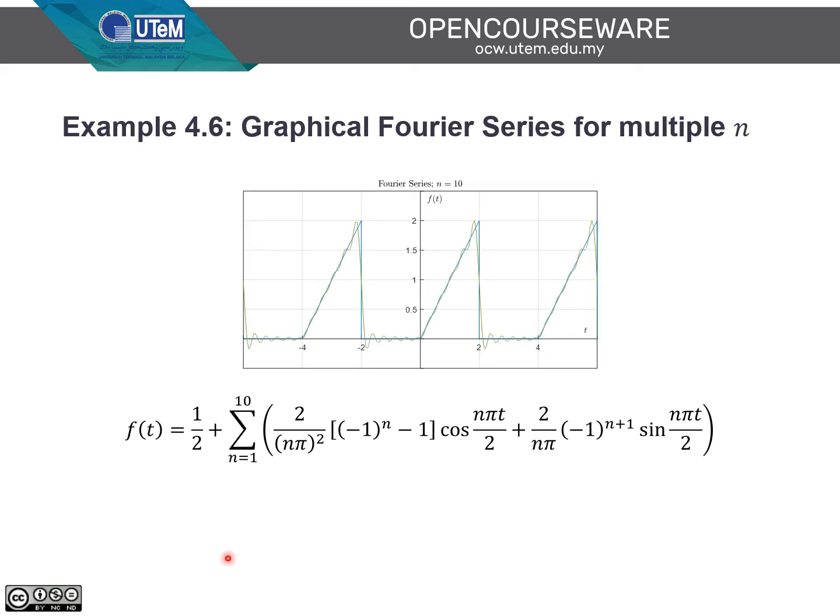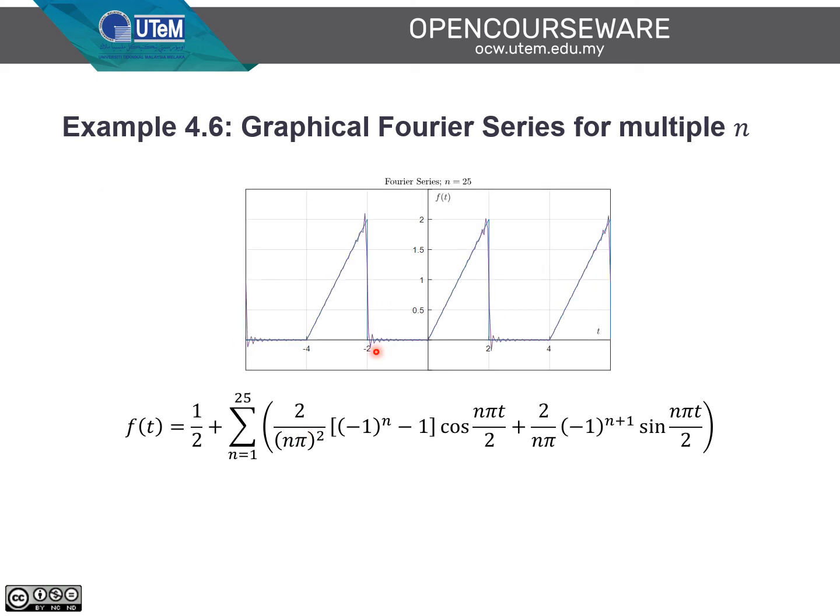If I increase n to 10, then we solve the Fourier series, the summation from n equals 1 to n equals 10, and plot the series. We can see that it's getting better. The representation of the series to the function f(t) is much better than the previous plot of n equals 5.